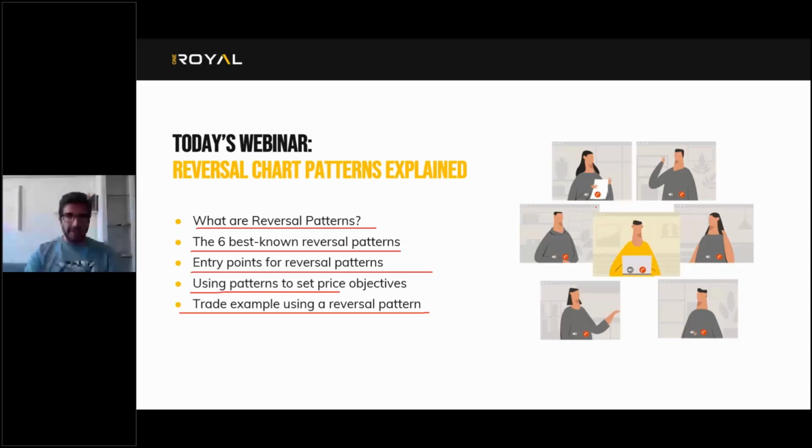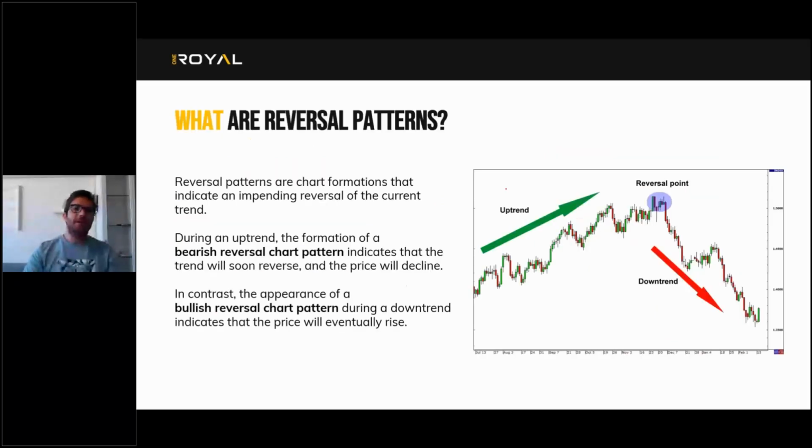So let's start with what are reversal patterns. Reversal patterns are chart formations that indicate an impending reversal of the current trend. If we look to the right here, we can see that the market was in a clear upward movement, higher highs, higher lows.